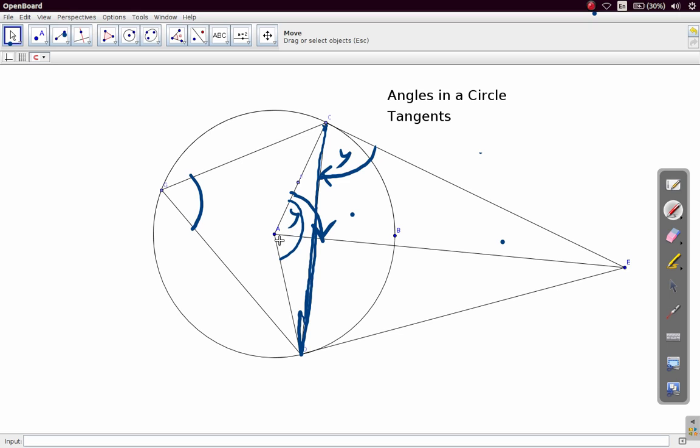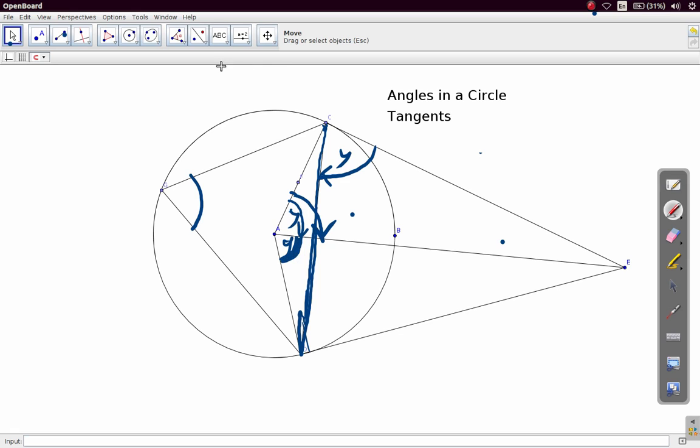It would divide this angle into two halves, right? So you have y over here, stopping at this point, and then we continue over here. So the total angle would be y plus y.